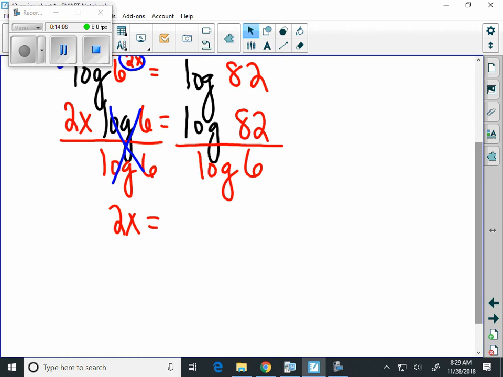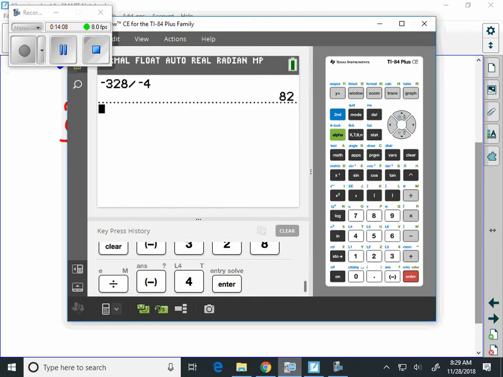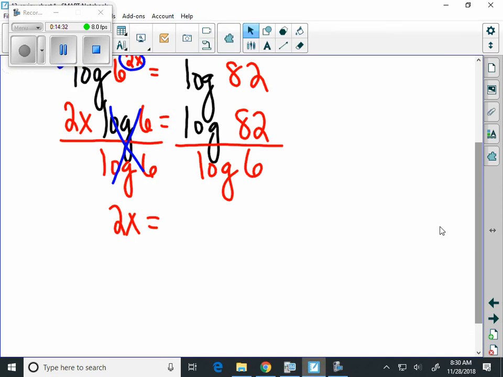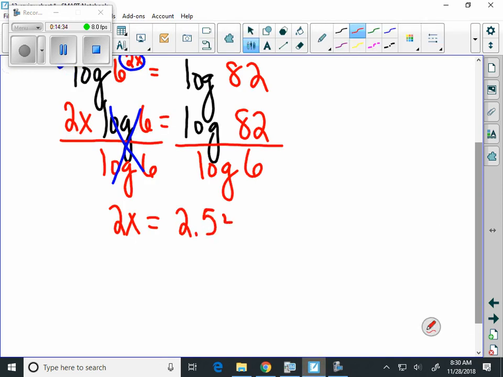Log of 82, close the parentheses, divided by log of 6 gives us that number. Now, I'm going to look at this number, and I'm going to write down something, but keep this number in your calculator, because we do not want to round until the very end. I'm going to write down 2.459. And it's 2x equals 2.549.